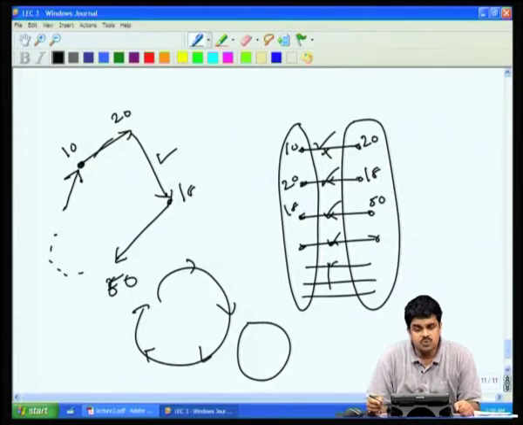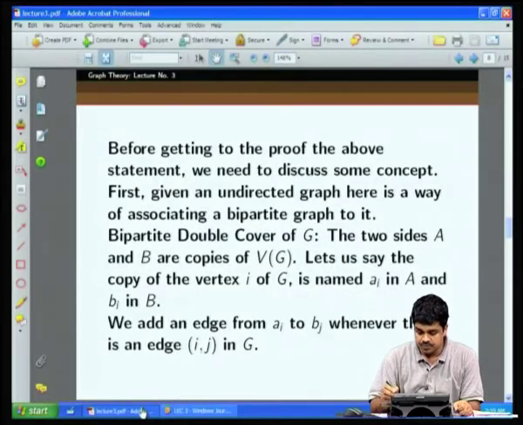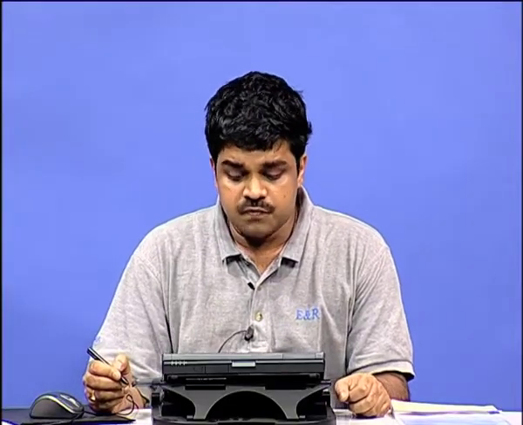What we can do is first give directions to the edges of that undirected graph and make it a directed graph. We can orient the edges, we can give some direction to each edge of the undirected graph. We get a directed graph, let us call it G dash, and then we will construct the bipartite double cover of that G dash.